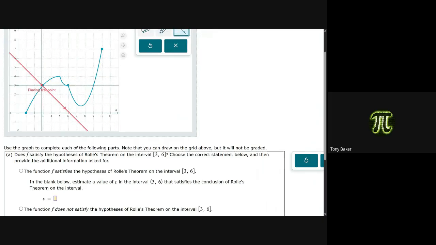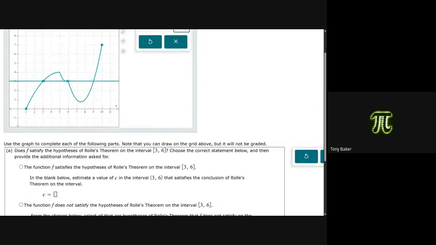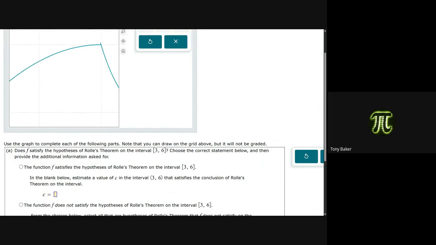I'm going to go with probably does. So they're the same. Is it continuous? Yeah. Is it differentiable? Not differentiable right there.